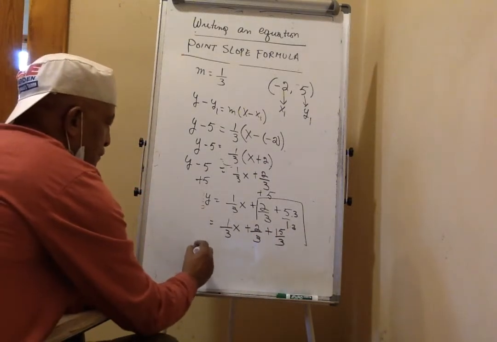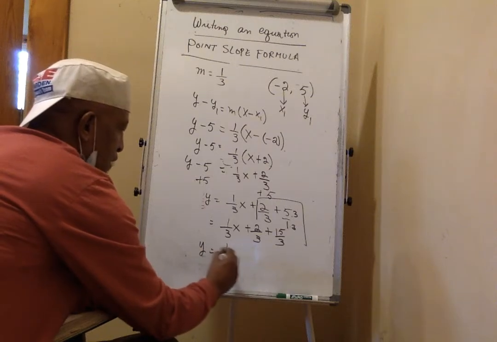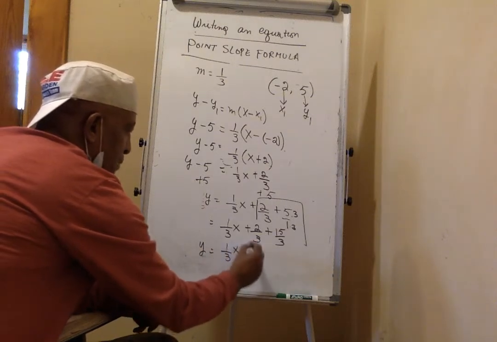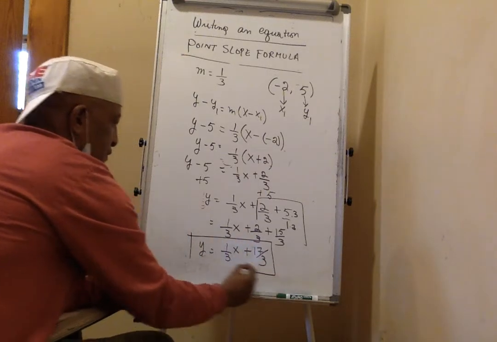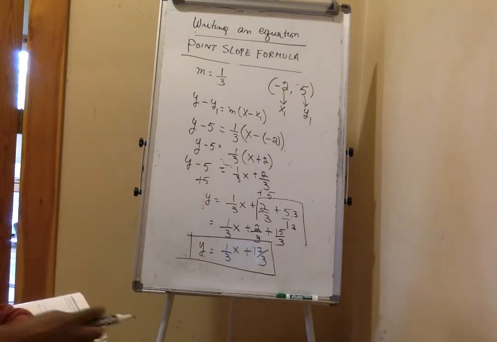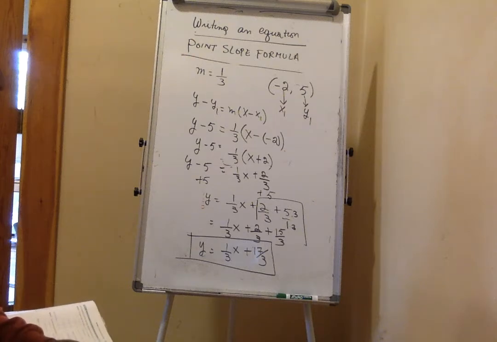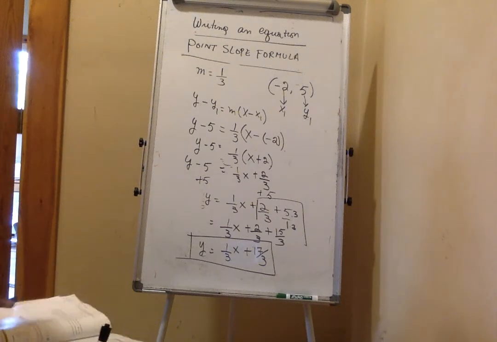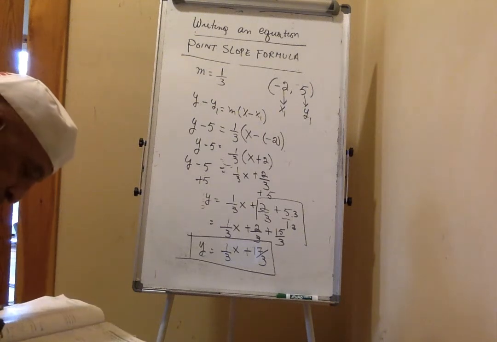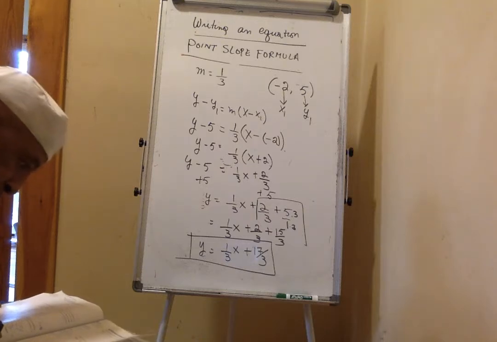Then combine them, so you have y is equal to 1 over 3x plus 17 over 3. Now you have written the equation in slope-intercept form. You can start with the point-slope formula and then go ahead and solve and write it in slope-intercept form. Okay.